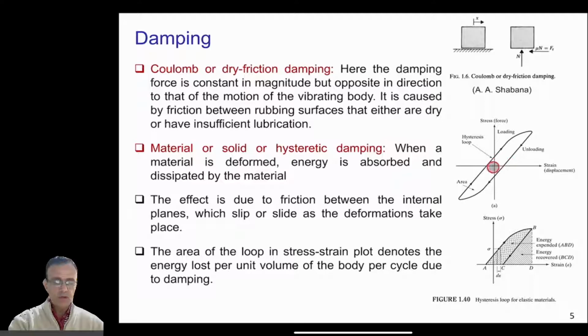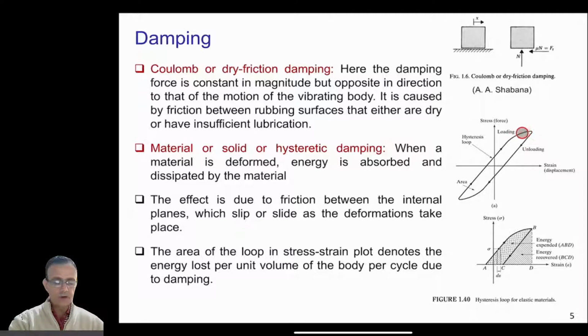Now, if the body is vibrating, what will happen is that initially you are applying load on the body, and then after some time you are unloading the body, so the body is coming back here. Again, you can see that there is some permanent deformation.